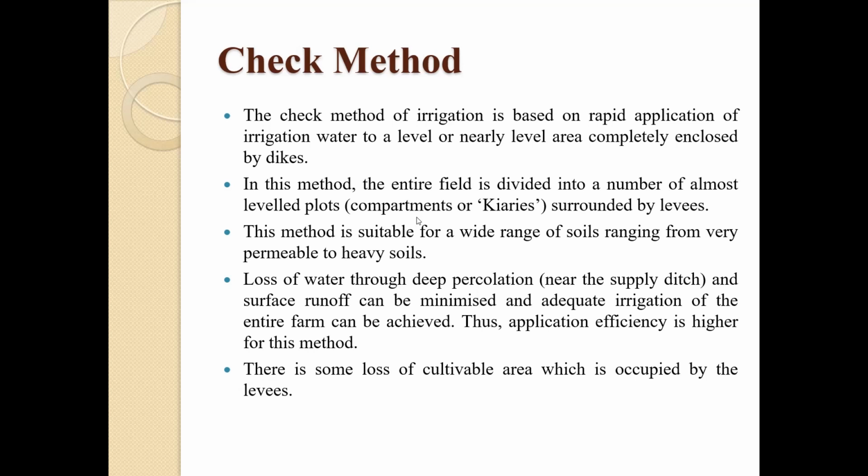The loss of water through deep percolation near the supply ditches and surface runoff can be minimized and adequate irrigation of the entire farm can be achieved. Thus, application efficiency is higher for this method. There is some loss of cultivable area which is occupied by the levees.